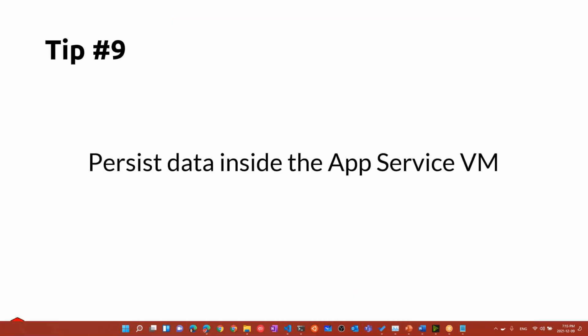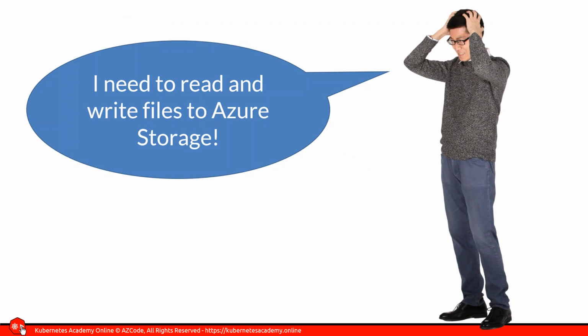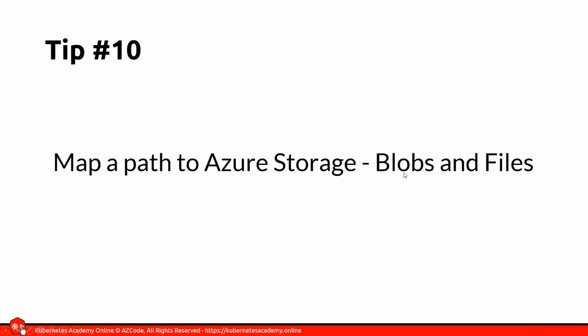So that's fine, but maybe the best thing would be to use an Azure storage service like Azure blobs and files. So is it possible to map a path to blobs and files storage? Yes, it is.